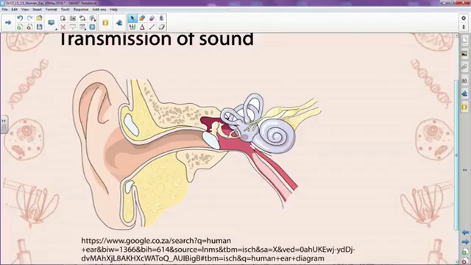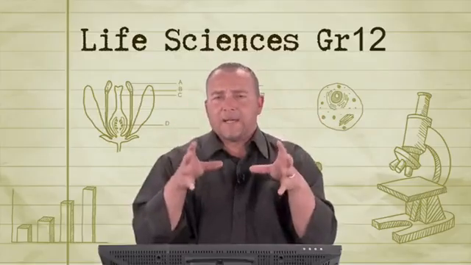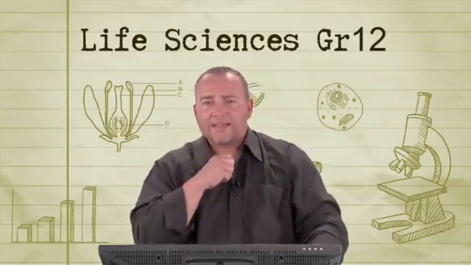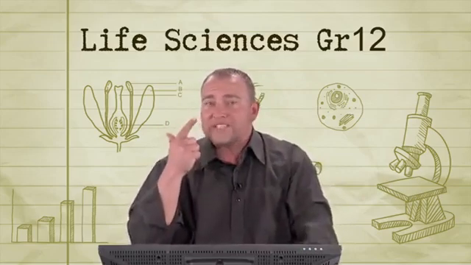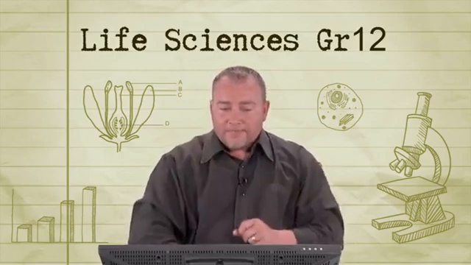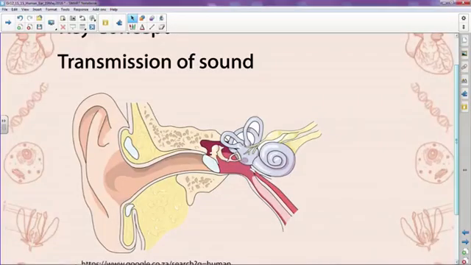Now, if you look at me, I must be able to give you a picture like that, and you need to be able to label it. You need to be able to tell me the function of each and every one of those specific things, okay? Now, I'm going to have a look at how sound actually transmits through this specific part.